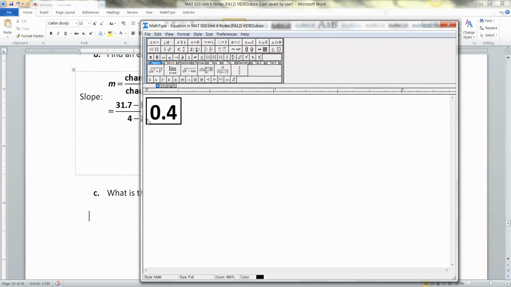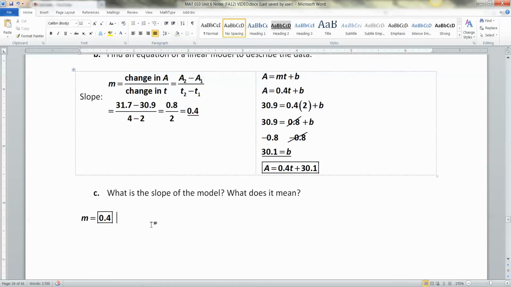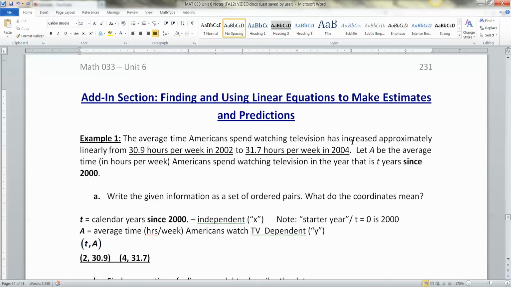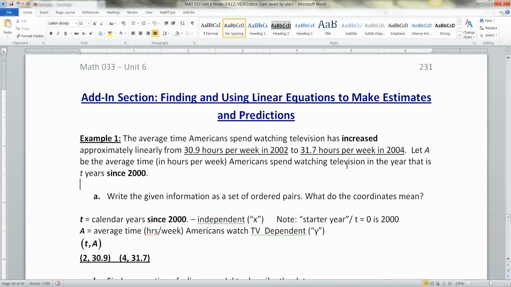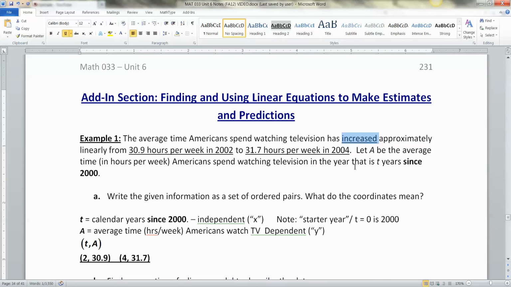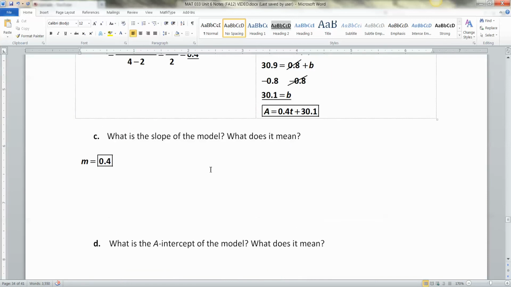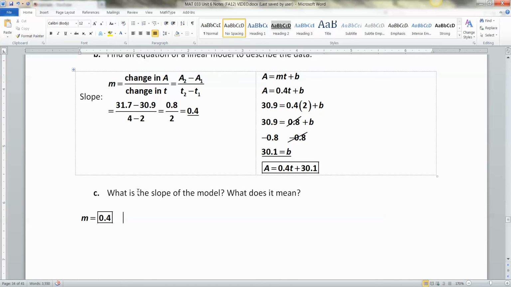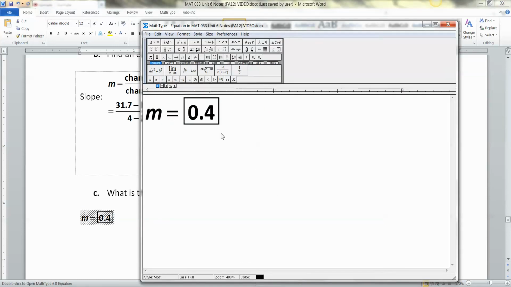Now, what did it mean? Well, notice it's a positive number, and that shouldn't be any great shock to us because they say right here that it's increasing. So you can see this is positive. That's why it's increasing.